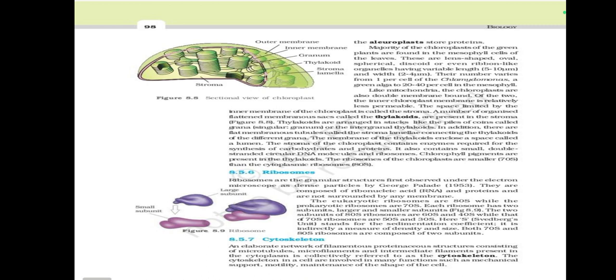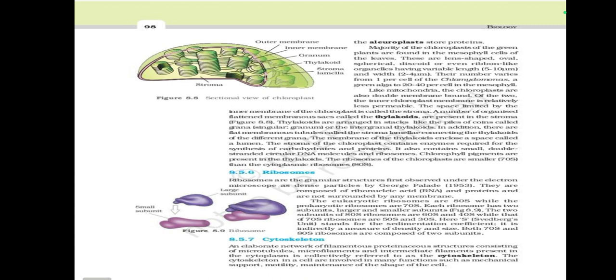The eukaryotic ribosomes are 80S while the prokaryotic ribosomes are 70S. Each ribosome has two subunits, larger and smaller subunits. Figure 8.9. The two subunits of 80S ribosomes are 60S and 40S, while those of 70S ribosomes are 50S and 30S.